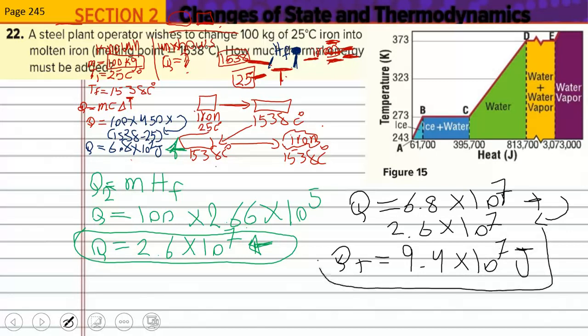So this is the thermal energy that we need from the unknowns.